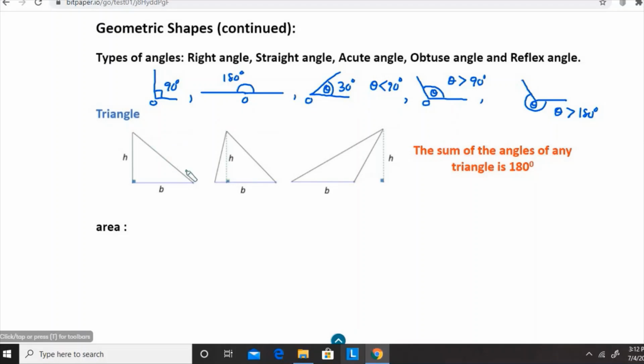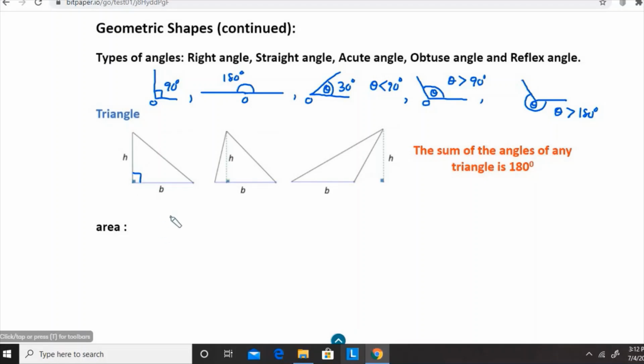Now let's look at a triangle. Finding the perimeter of a triangle should be straightforward, but sometimes people have difficulty in finding the area of a triangle. So here I have a right angle triangle. This is obviously a right angle.